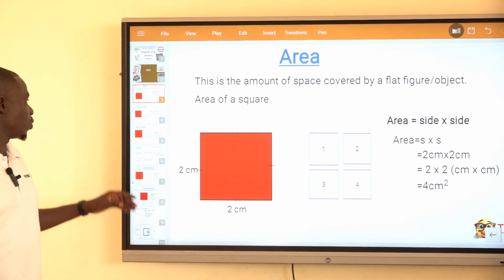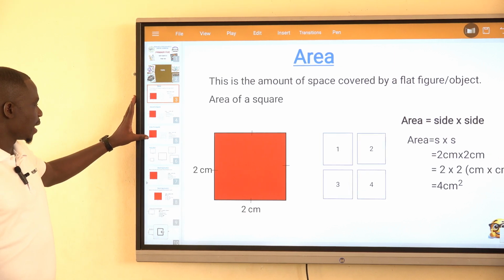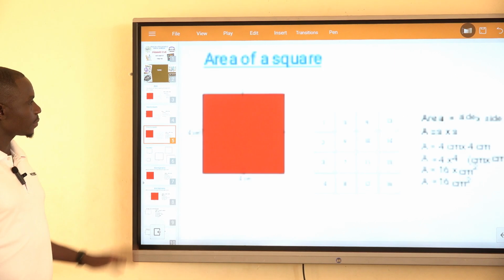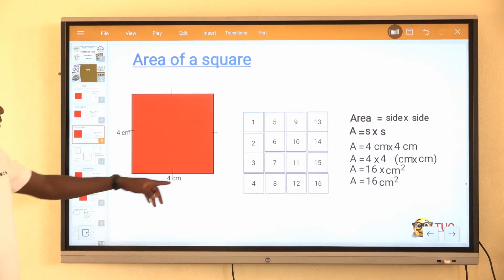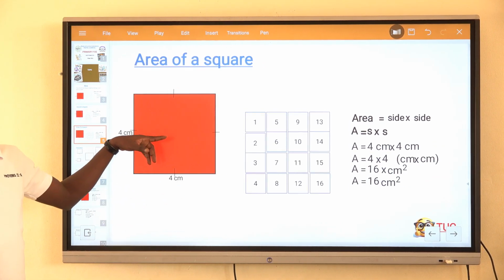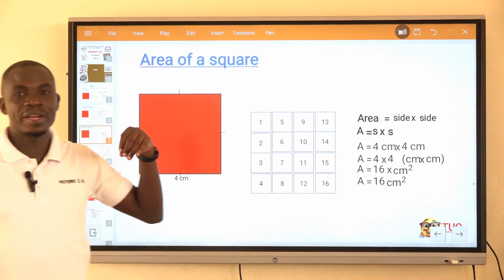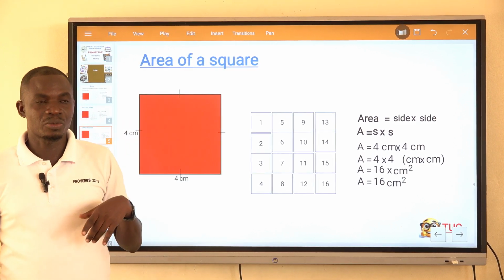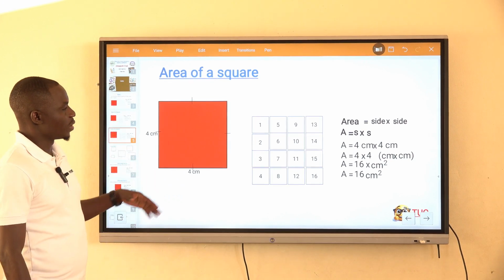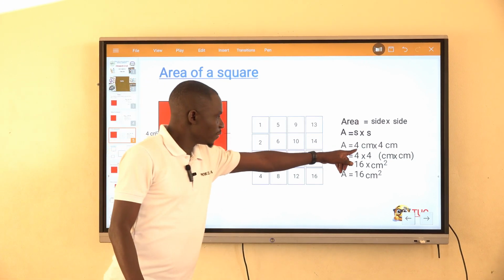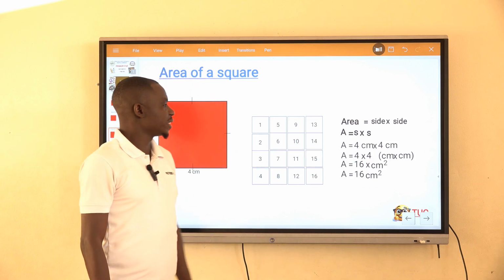Now, let's proceed and look at the second example of area. Let's consider this square, which has 4 centimeters. You remember the formula? We said the area of a square equals side times side. Now, we multiply 4 centimeters times 4 centimeters.